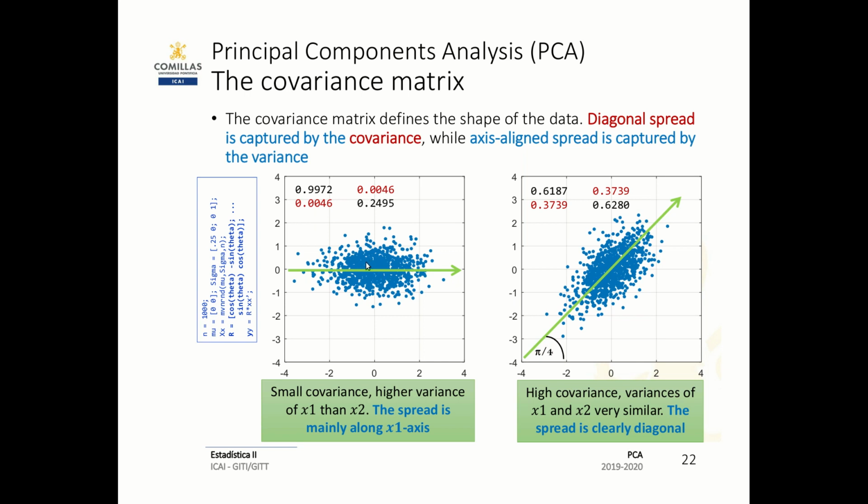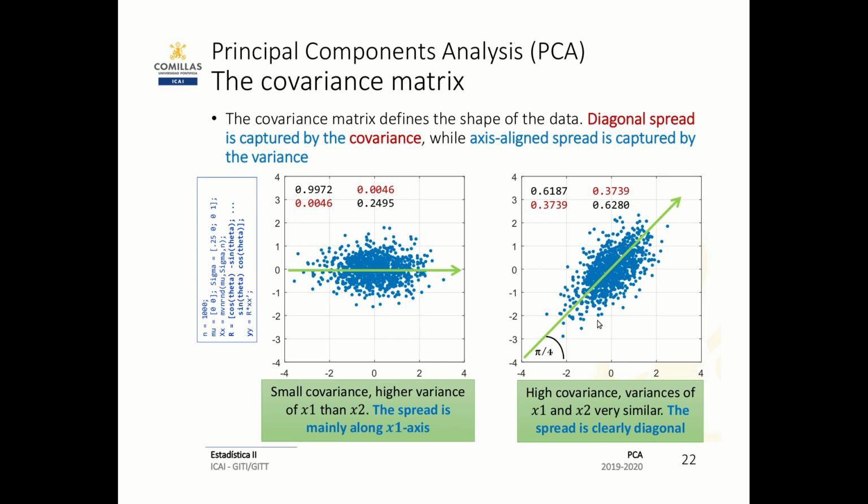That would mean that this data cloud is made of independent components. So x1 and x2 are independent from each other, and the diagonal terms tell us the relative variability. x1 has much larger variability than x2, and this is the case here.